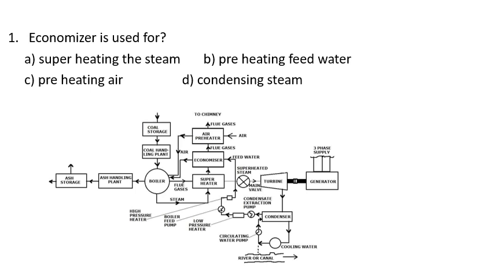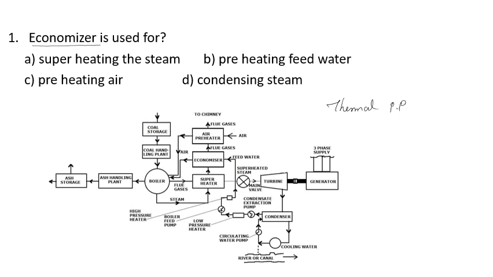We know that the term economizer is coming from the thermal power plant or steam power plant. Here you can see the block schematic representation of a thermal power plant.